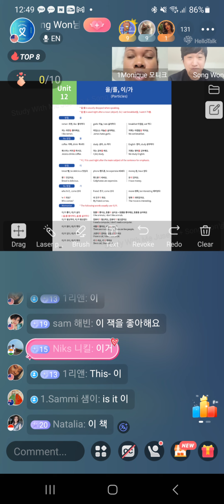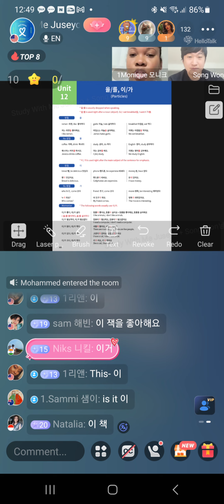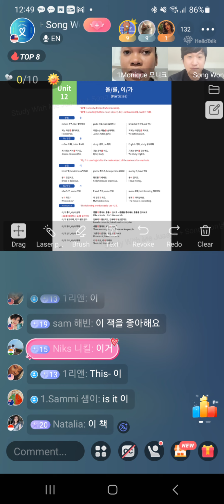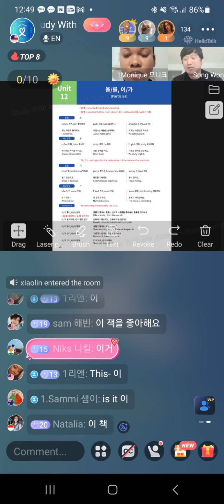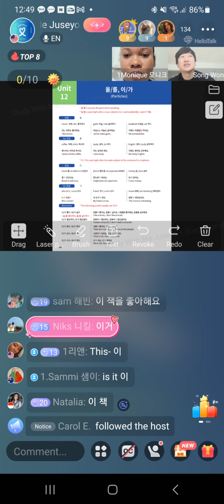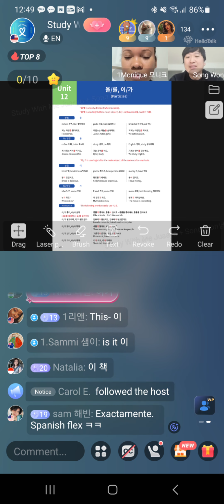Would it be 저는 이 책을 좋아해요? Perfect. So you can point at something like, 저는 이 책을 좋아해요. You can introduce this book or this wine or this fruit to anybody, right? I think it's a really nice way to practice 을 and 를.